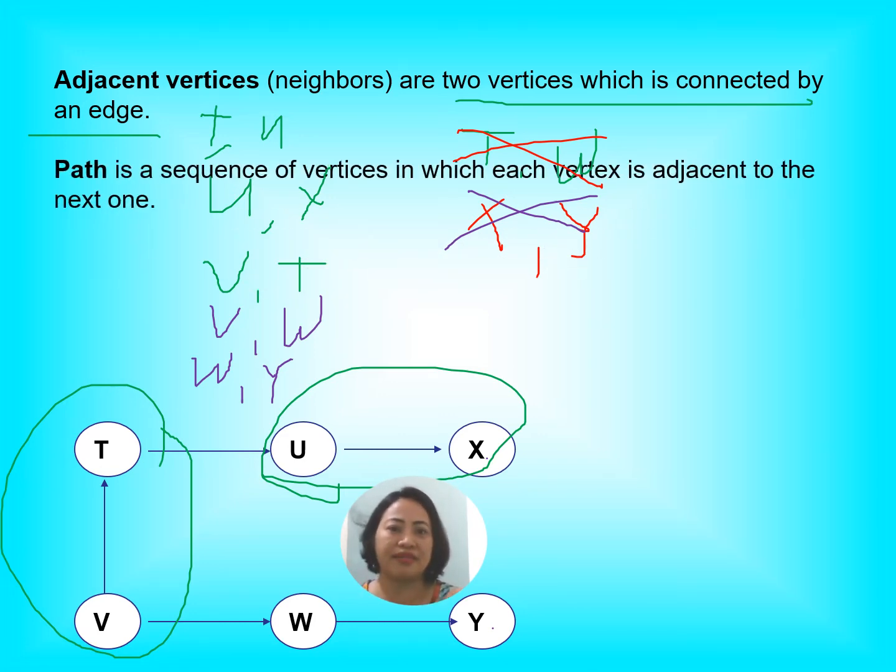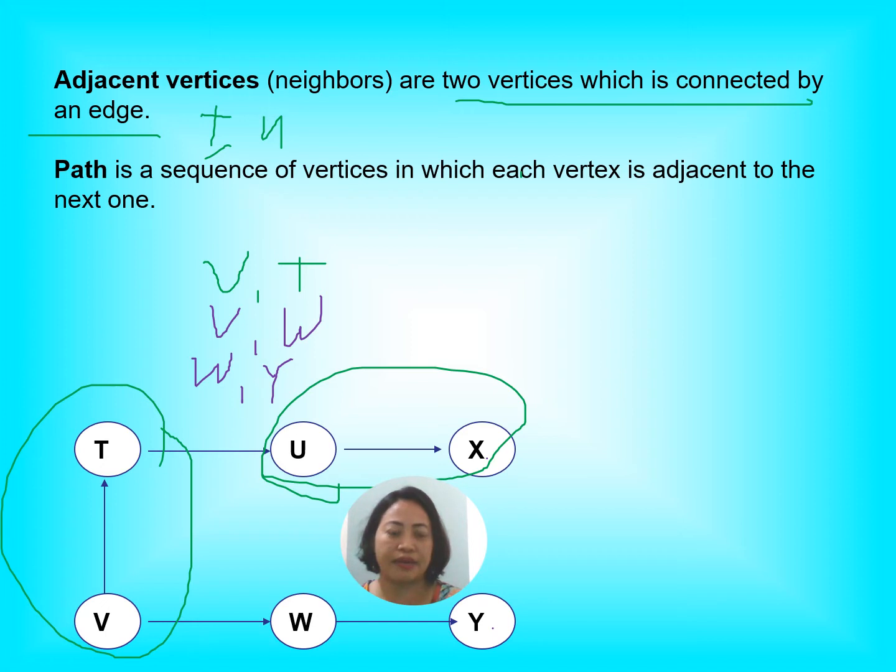Next, when we say path, okay, let me first, yeah. So when we say path, that is a sequence of vertices in which each vertex is adjacent to the next one. So that means we could have a path.